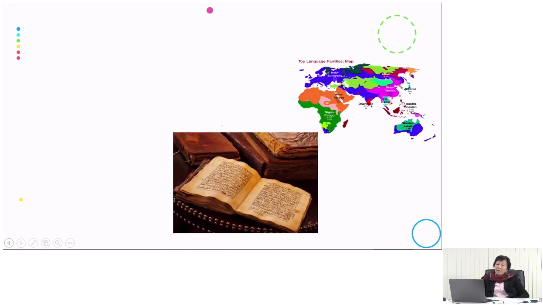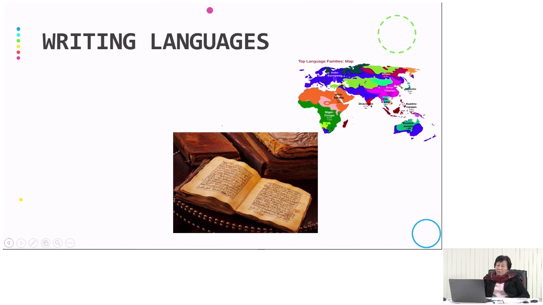Another form of language is what I call the writing languages, the writing forms. What does it mean? Writing is the symbol that we use to make people understand our spoken language.